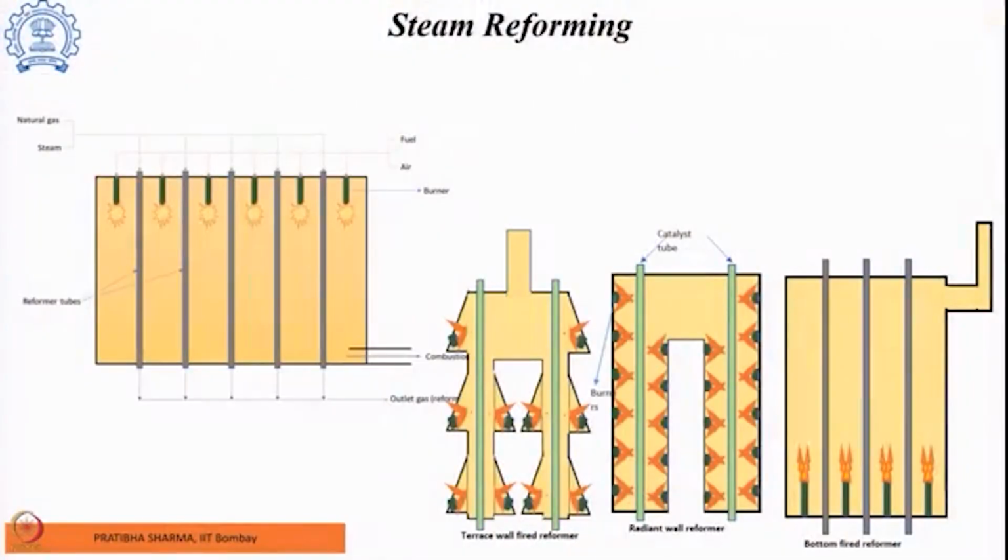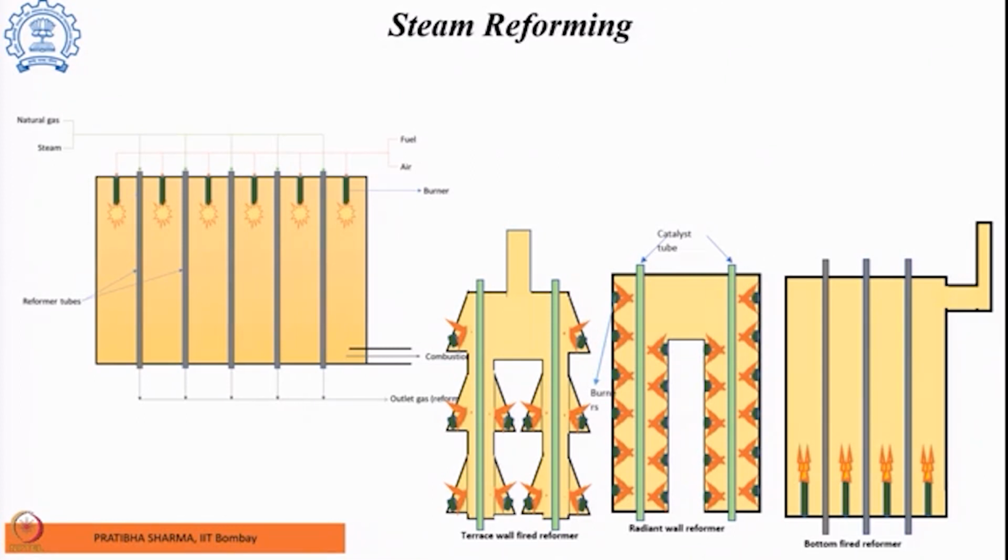Now let us look at the main process, which is the steam reforming process. When the feedstock used is methane, it is known as steam methane reforming, else it is known as a steam reforming reaction. Here, preheated natural gas along with steam at a pressure of 2 to 2.5 MPa is passed into the reformer, wherein there are catalyst filled tubes.